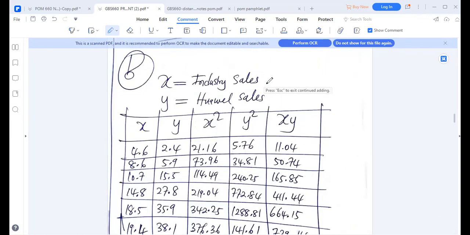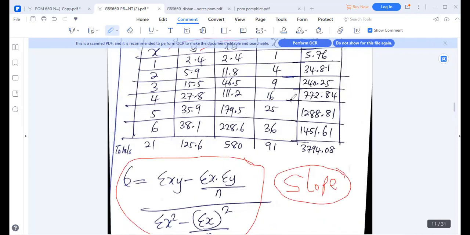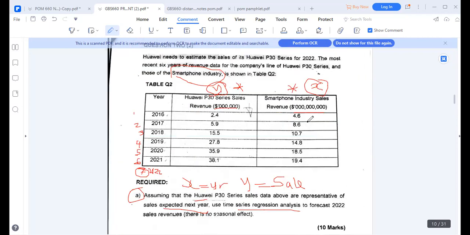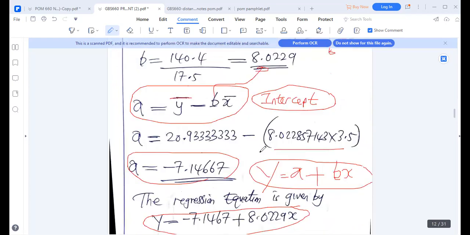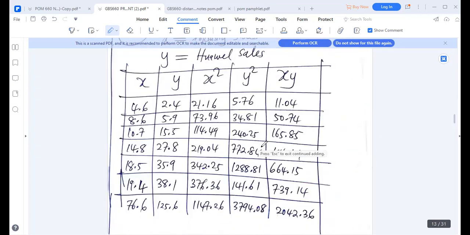Then the other one is for the other company coming from within that industry. So the industry is X, and then Y is this one. Then from here, we can start doing the calculations similar to the one we did earlier.